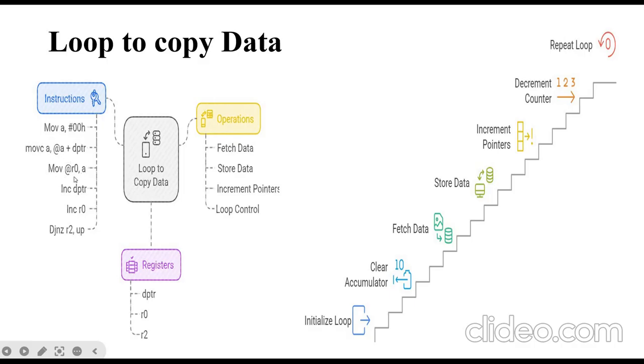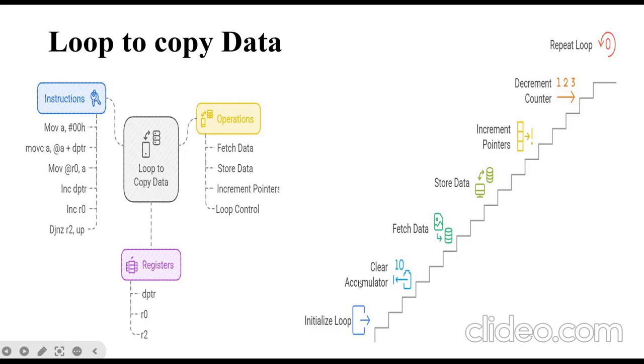Then next is MOV @R0, A. This instruction stores the value of the accumulator A into the memory location pointed to by R0. Then we increment the DPTR to point to the next byte in the data table, and we increment the R0 register to point to the next memory location where the next byte will be stored.